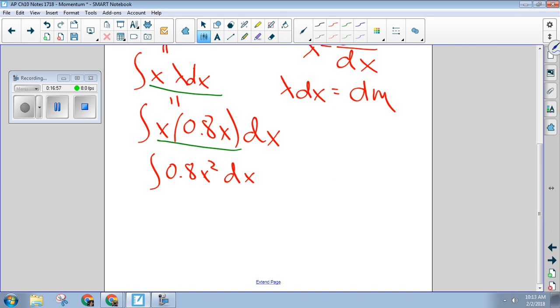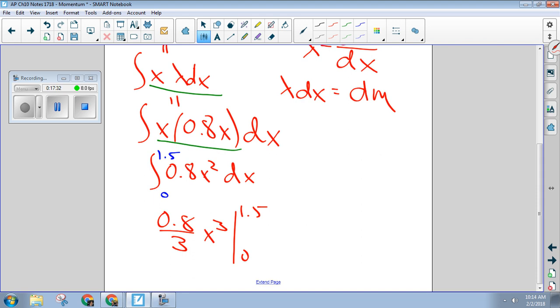So what did we decide were the bounds of our integration? x is going from 0 up to 1.5 meters, right? Now do the integration. You're going to get 0.8 over 3 times x cubed, evaluated between 0 and 1.5.